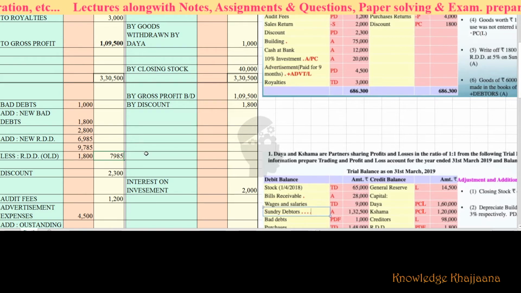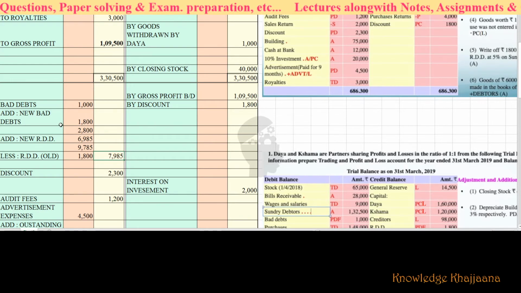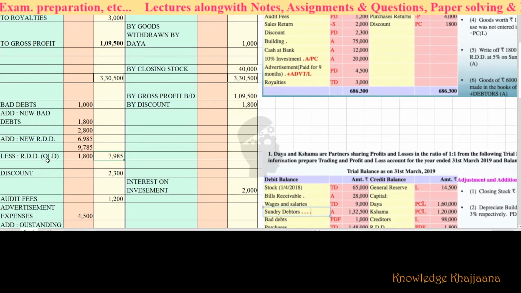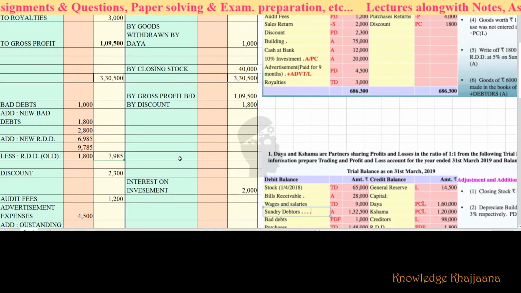Okay, 7,985 would be the actual amount of bad debts.